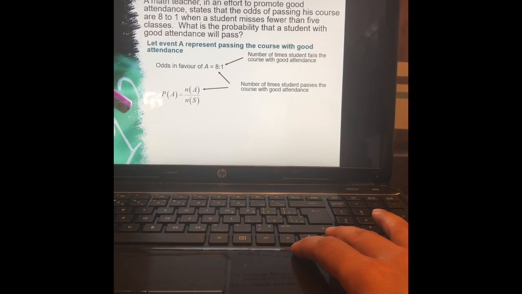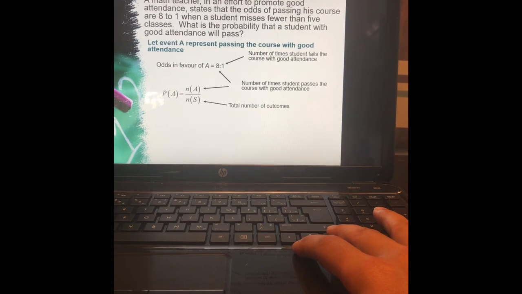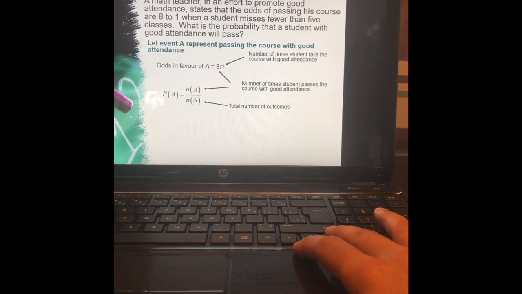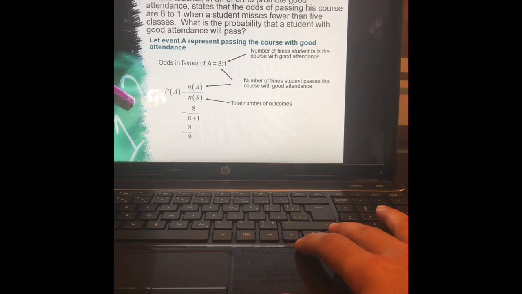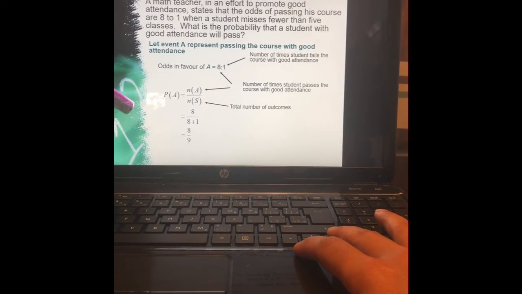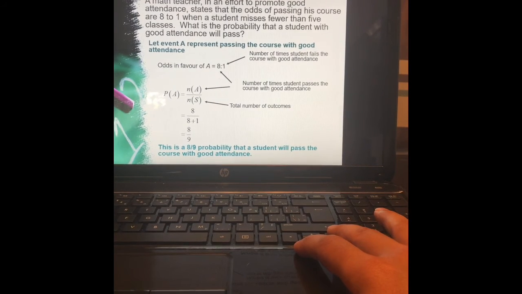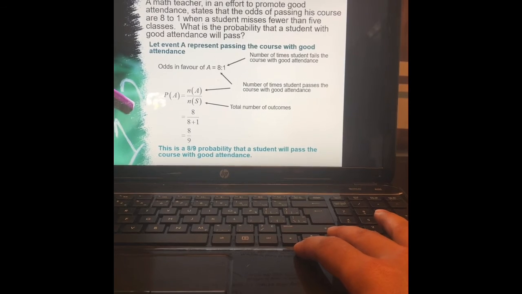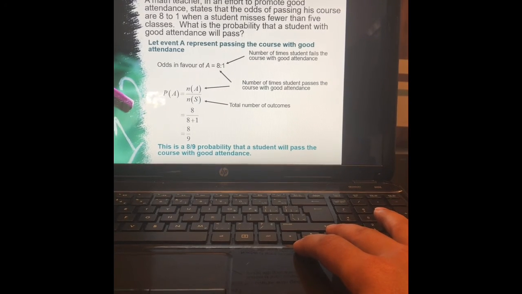So the 8 stays the same, as I mentioned, but the total, the denominator, has to be all possibilities. So that's your relationship between probability and odds.